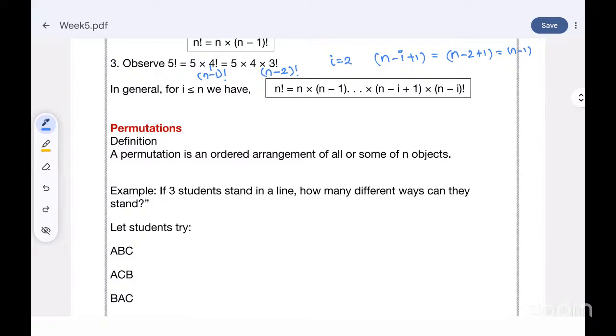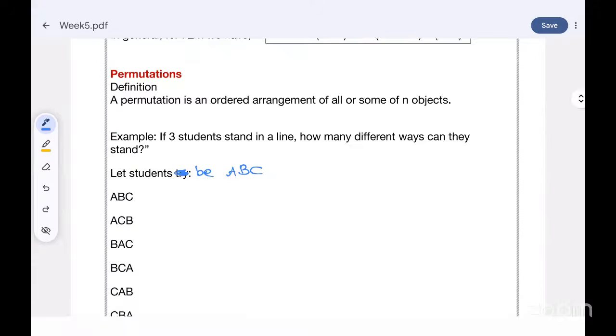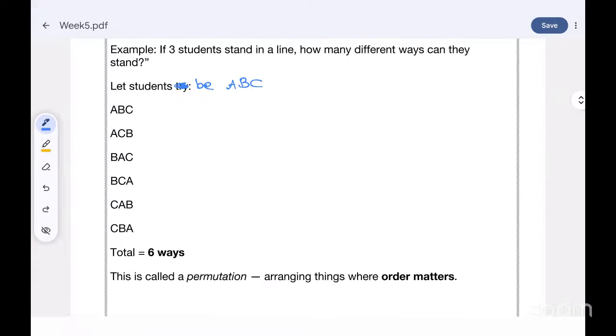Let the students be A, B, C. Okay. So ABC, ACB, BAC, BCA, CAB, and CBA. Right?